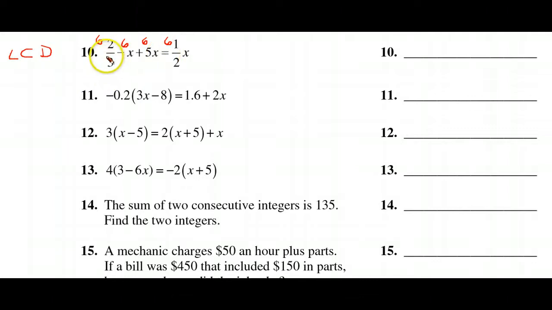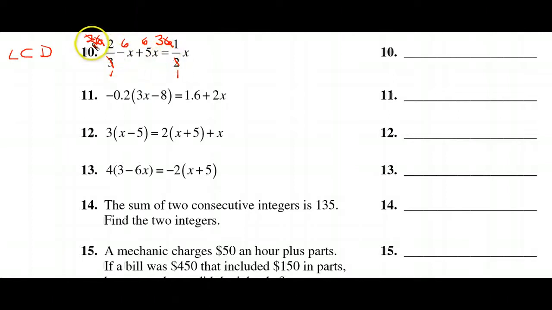Now I do my canceling. 3 goes into there once, 3 goes into there twice. Nothing there, nothing there. 2 goes into there once, 2 goes into there 3 times. Now, I have a new equation. It's not the same, but it's equivalent, and it doesn't have any fractions.